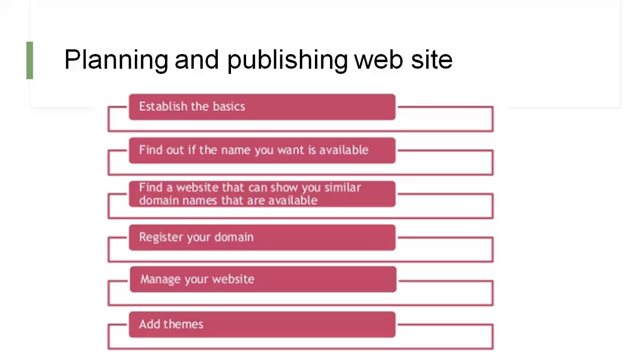From here you can find out whether the domain name you require is available. If it is available, then select that particular domain name. Now it will ask you whether you want additional services such as email inbox, hosting, etc., which they also provide.